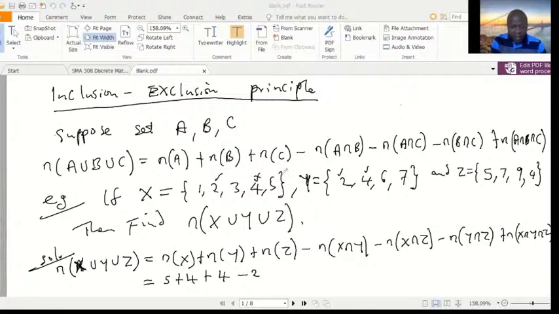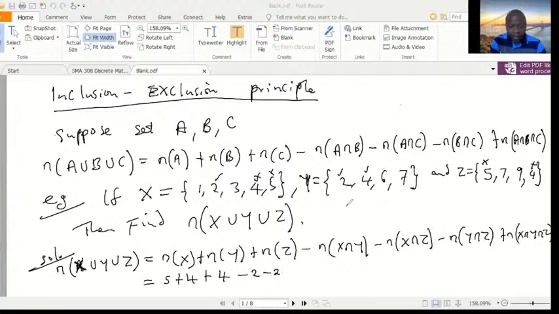I can see this 4 in both, and this 5 in both. Any other element? 3 is not there, 1 is not there. So there are 2 elements again in the intersection of X and Z.